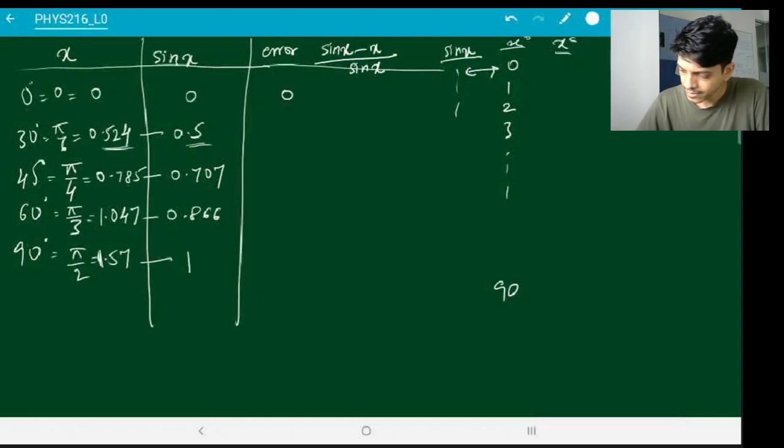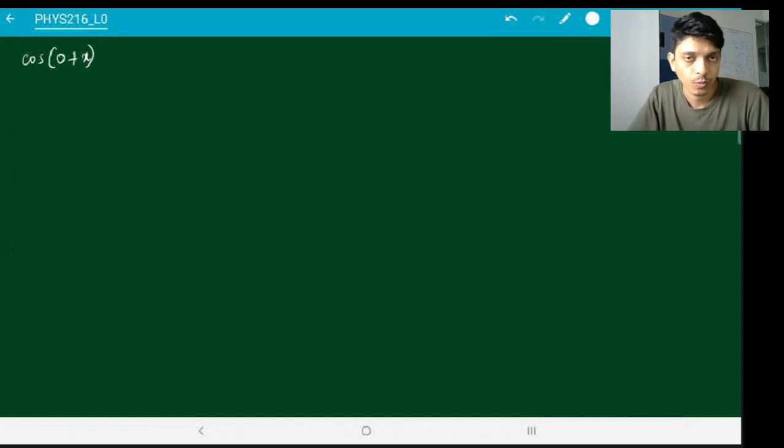So this was the Taylor expansion for sine x. You can do the same thing for cosine x. You can ask the question, what is cosine of 0 plus x, given that you know that cosine of 0 is 1.